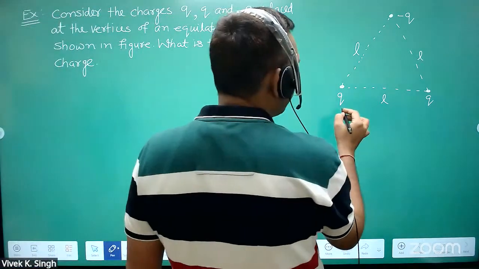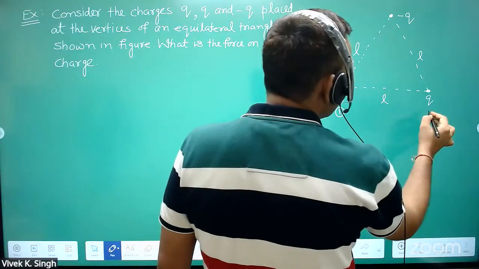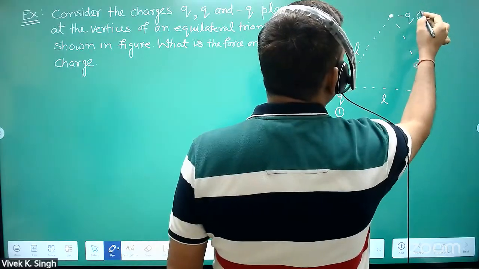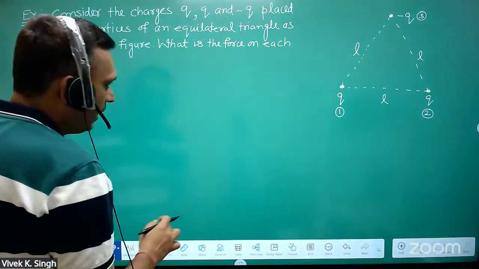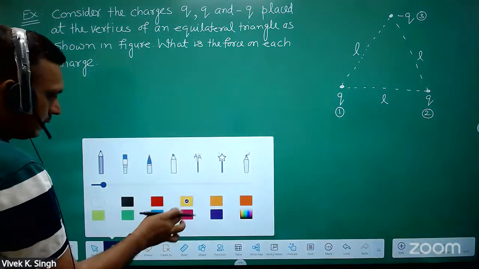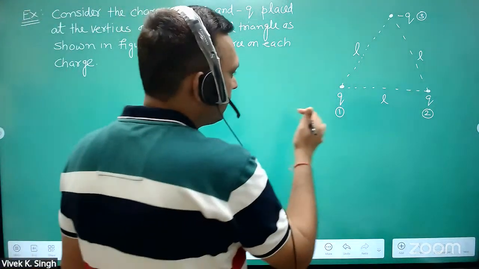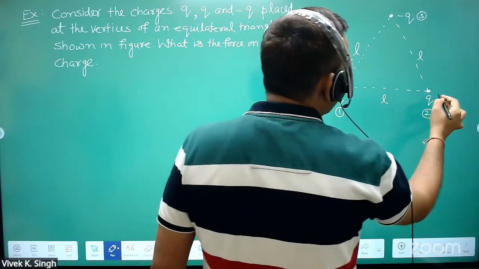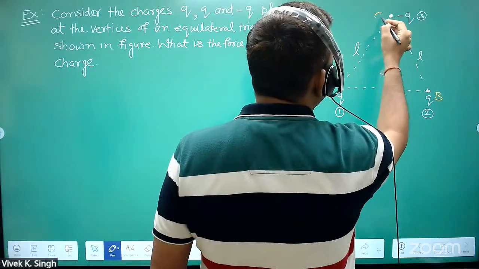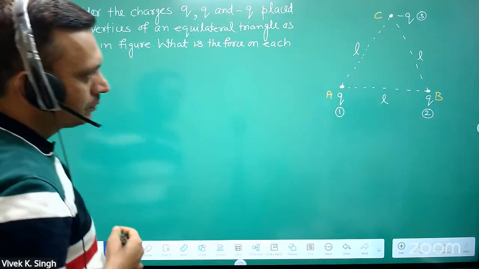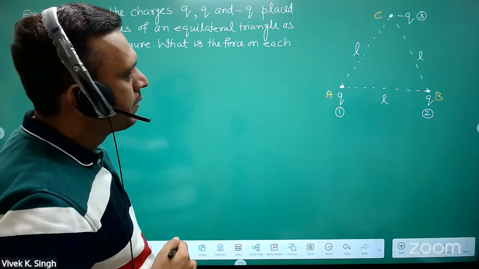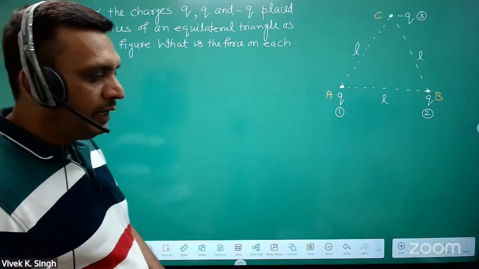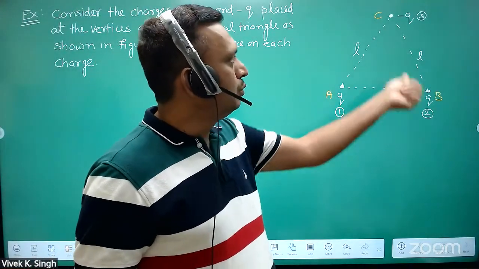So let's take, this is charge 1, this is charge 2, and this I'm taking as charge 3. And let's say this point is A, this point is B, and this point is C. So you have to find the force on 1, 2, and 3.